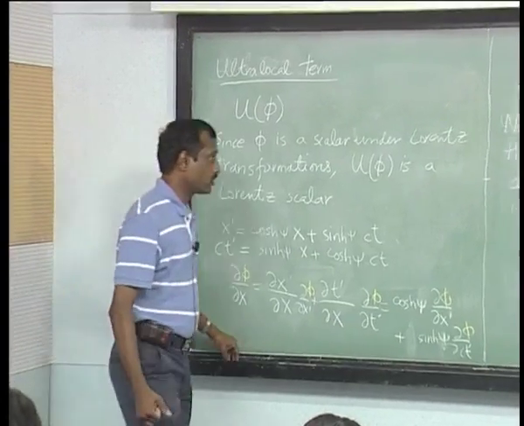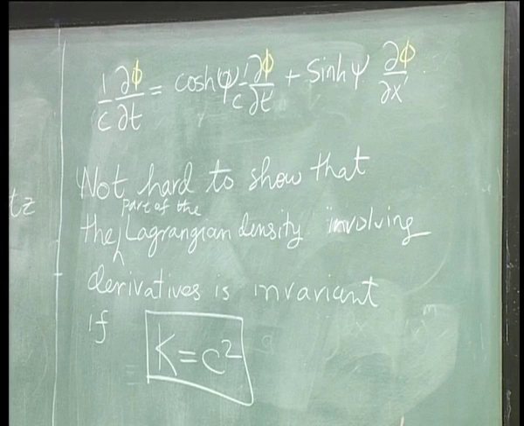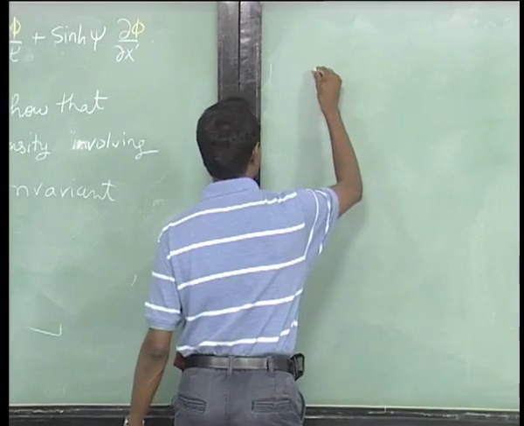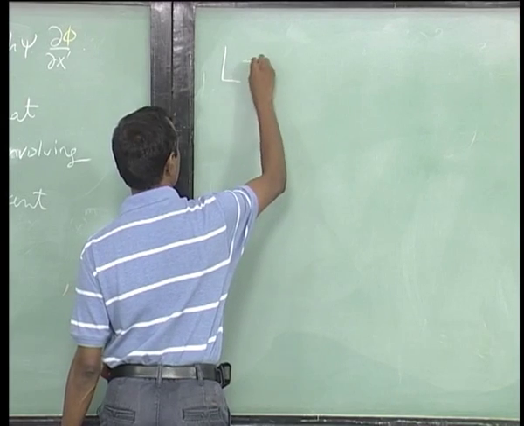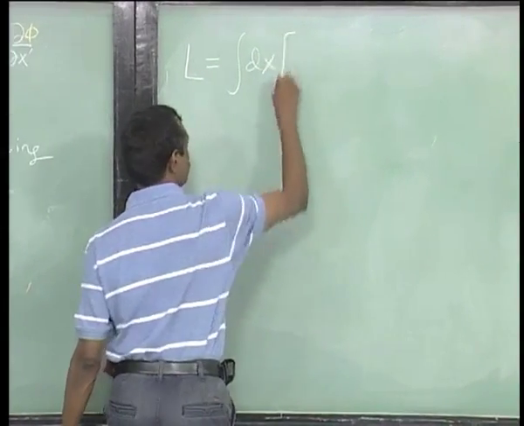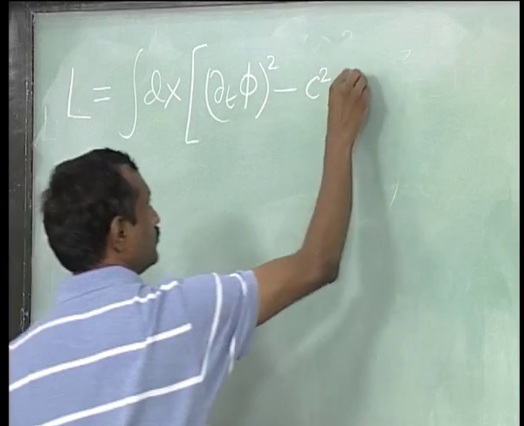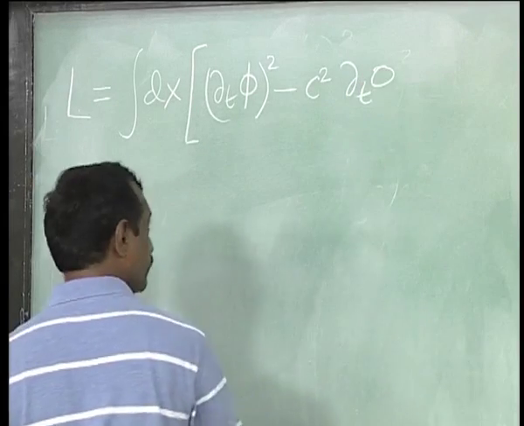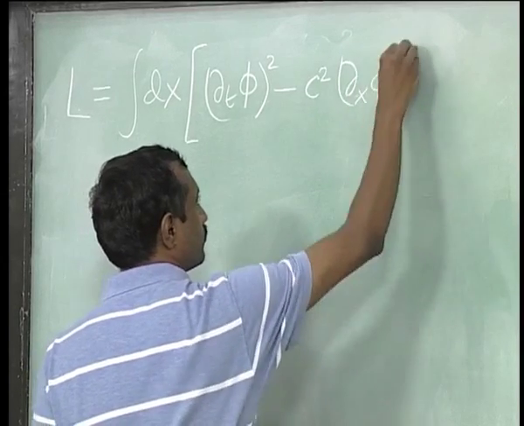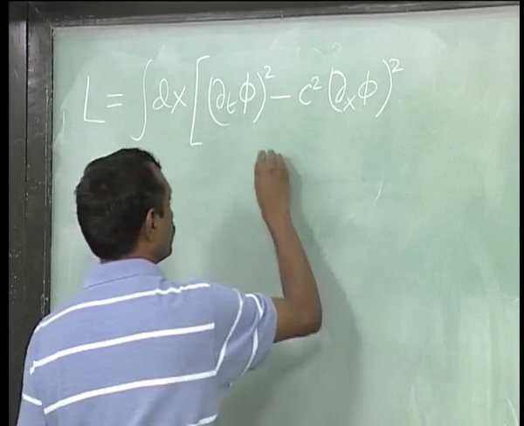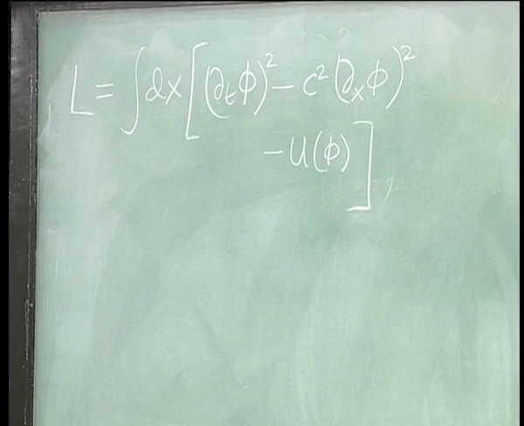Okay. So, now we are sort of ready to write out the most general relativistic Lagrangian. So, L... okay.